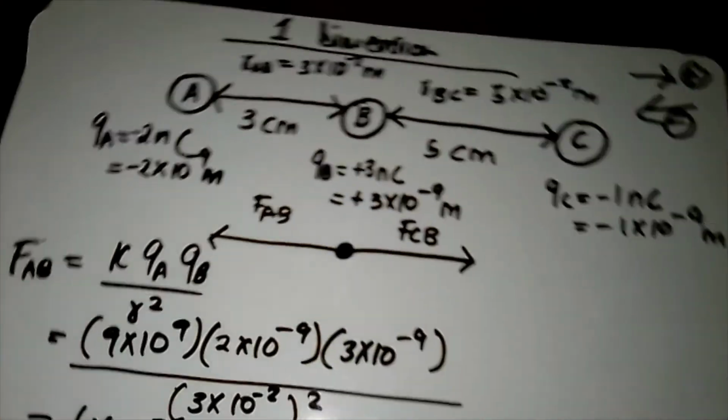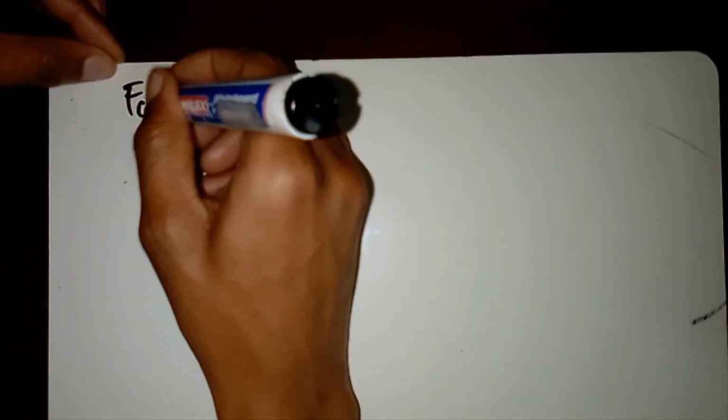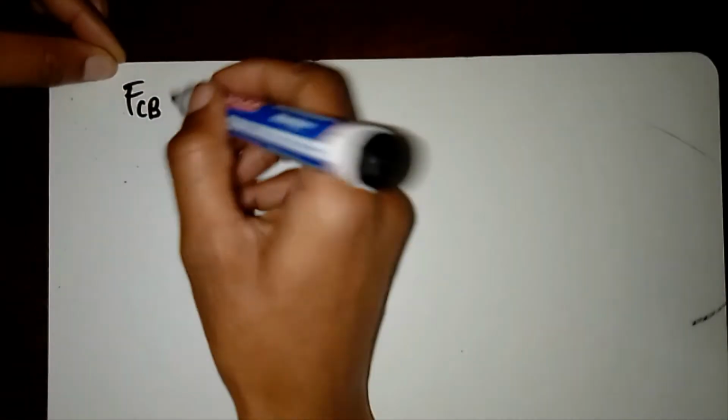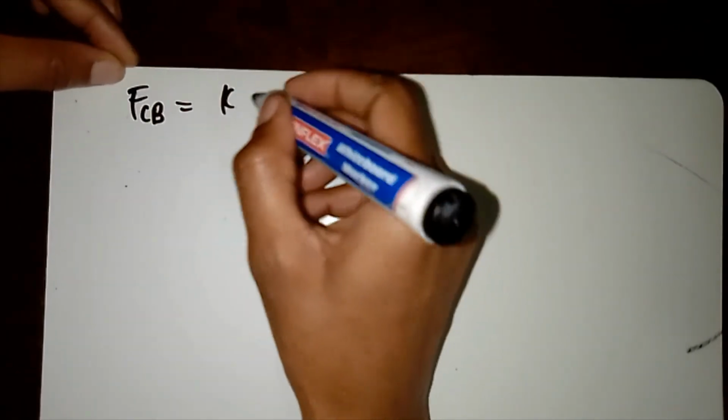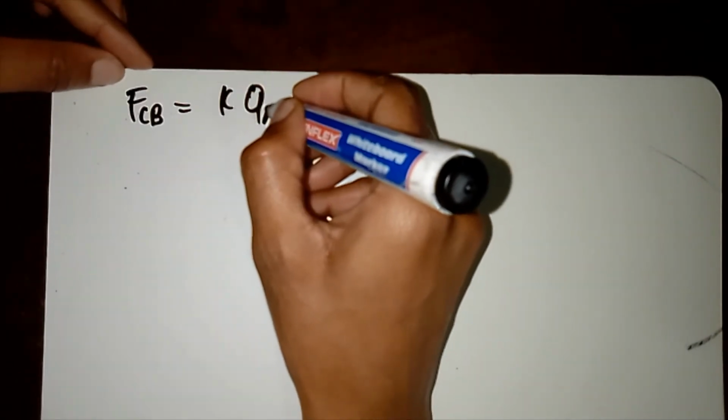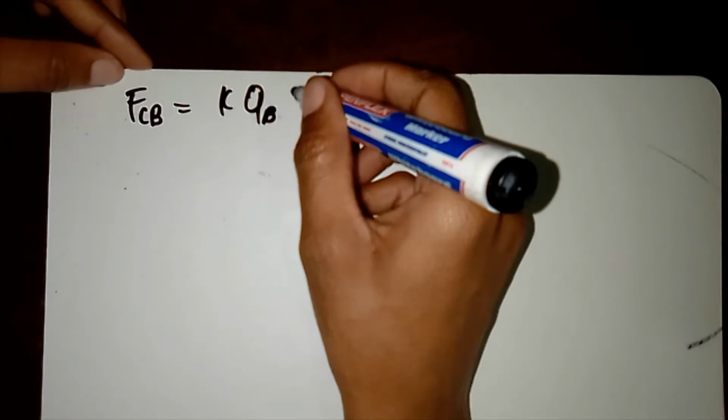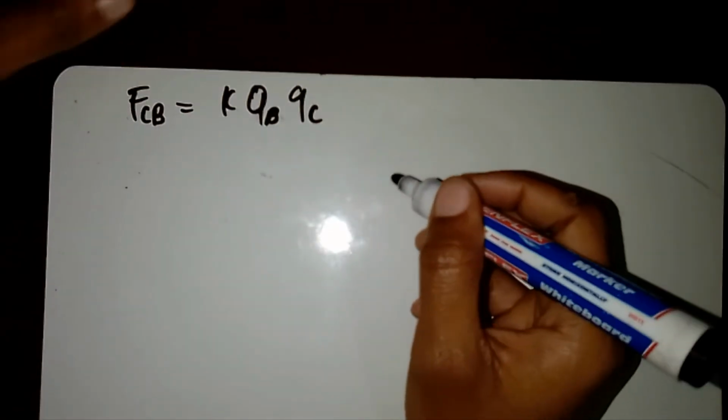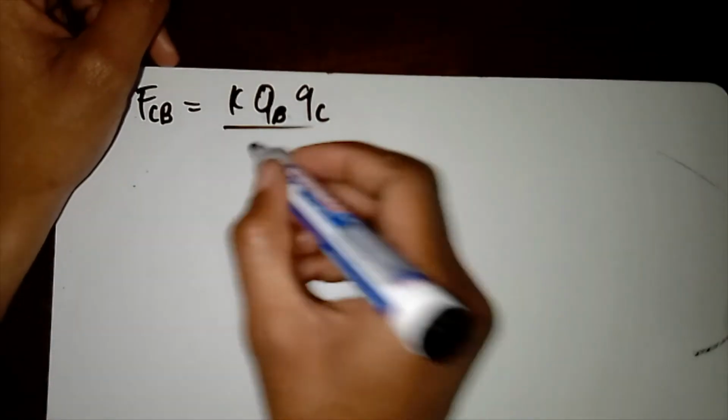Okay, so we can do a similar calculation for that force on, so force on B by C, which will then be K QB multiplied by QC, all of it divided by R squared.